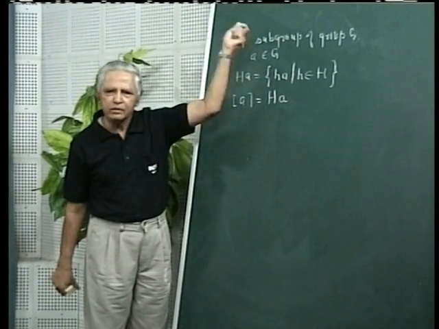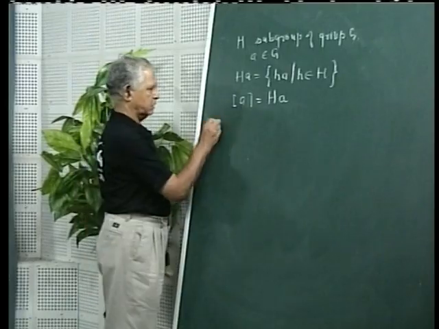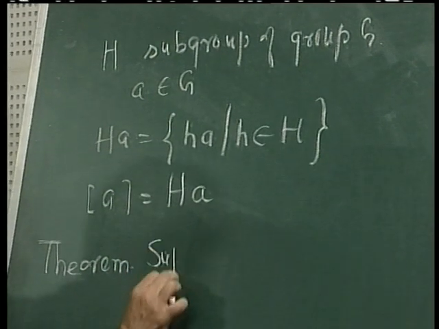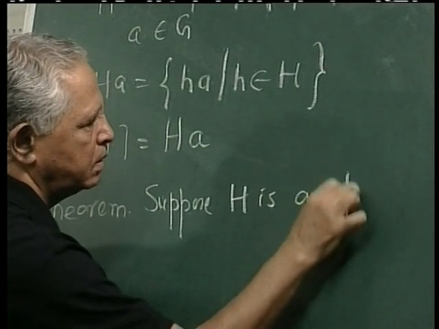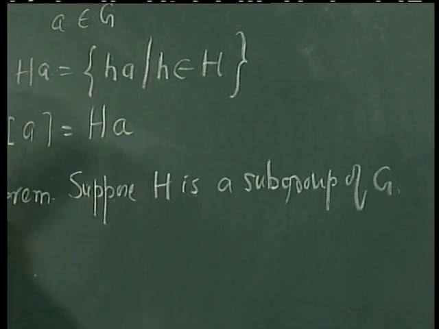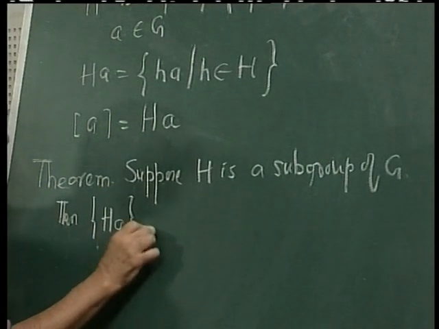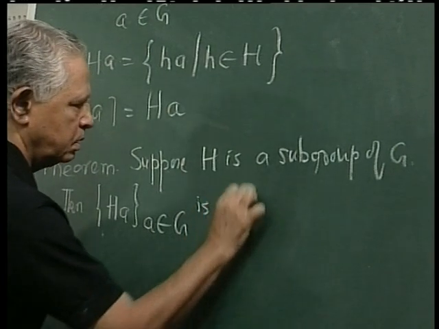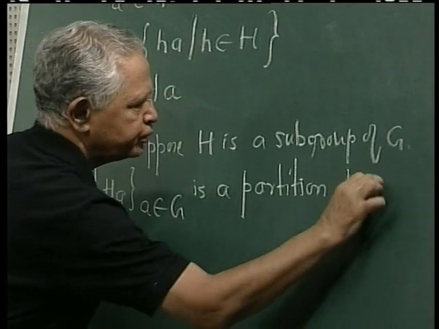And so, using the result for equivalence classes, we have the theorem: suppose H is a subgroup of G. Then the family of right cosets H A, where A belongs to G, is a partition of the group G.